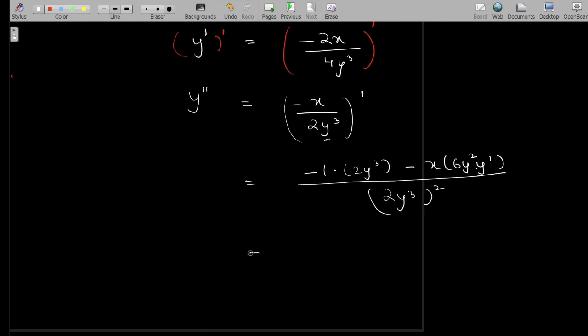Okay, now we can simplify the terms. Negative 2y cube minus 6xy square y prime over what will be the square of 2y cube? Right, so that's 2y to the power of 6.